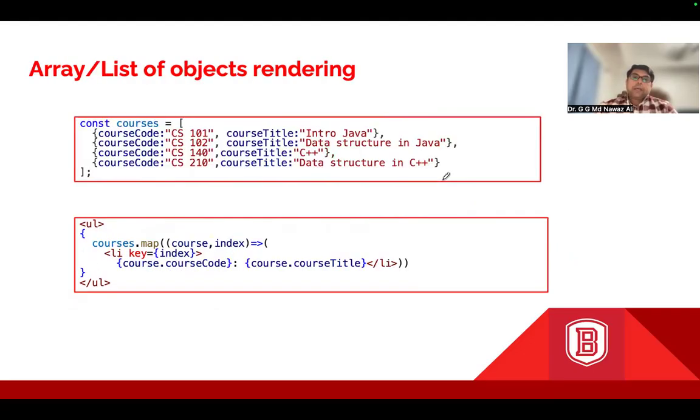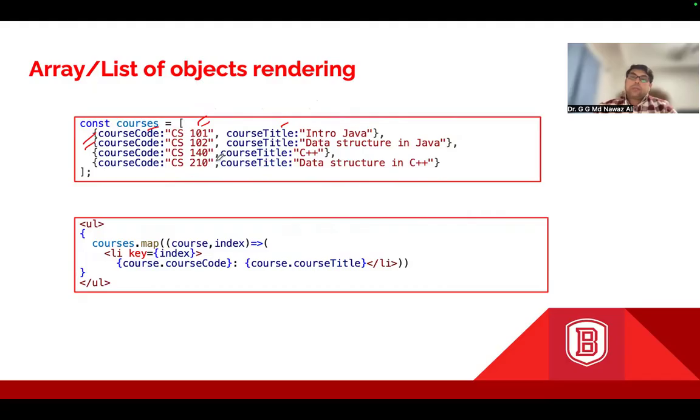Next we'll see what happens if we have an array that consists of objects. You have one, two, three, four objects here in this example, and each object has properties and values. The course code property has this value, the course title property has this value, and similarly we have four of them.